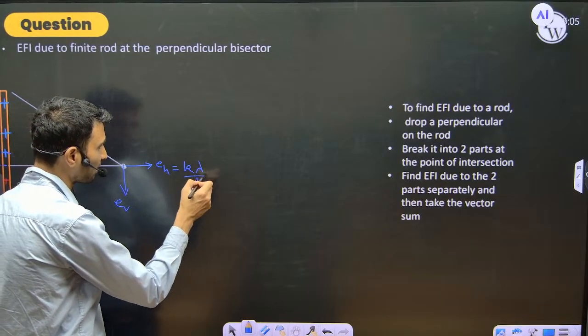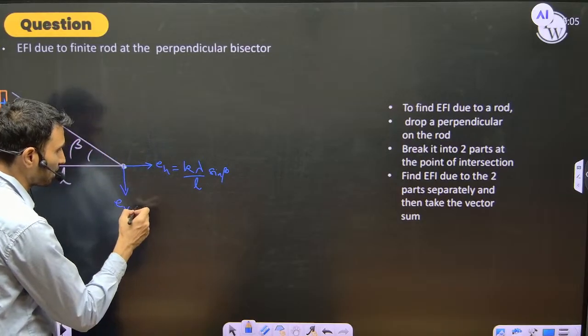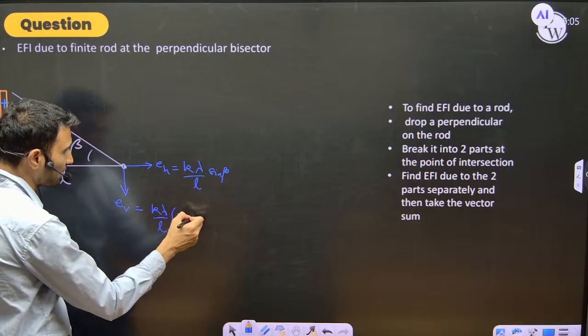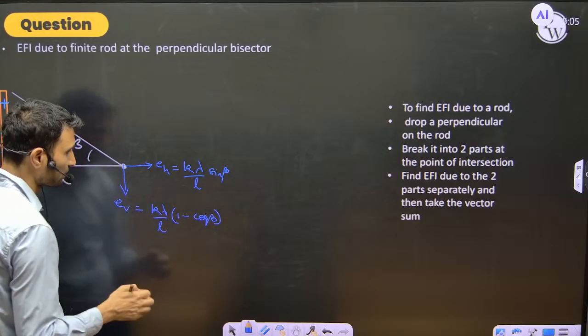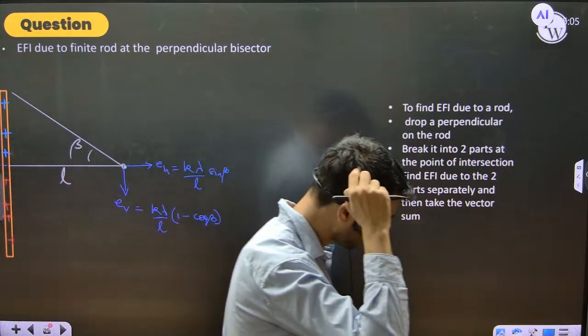And downwards will be K lambda by L into 1 minus cos beta. Right, so we got both horizontal and vertical.